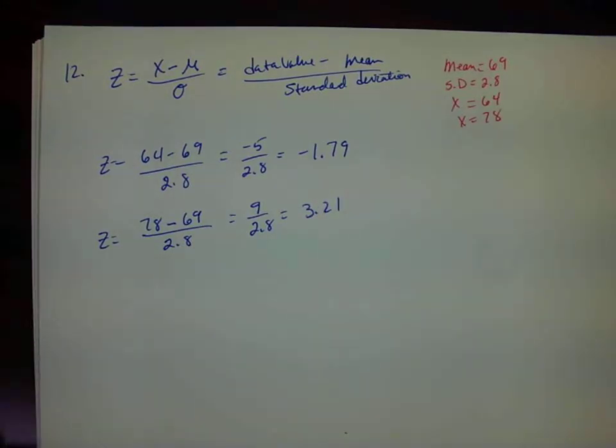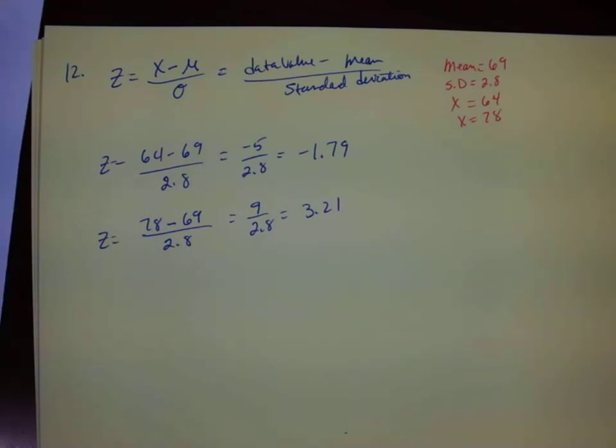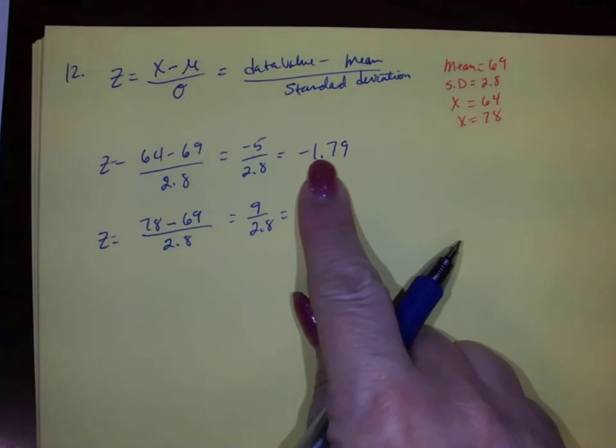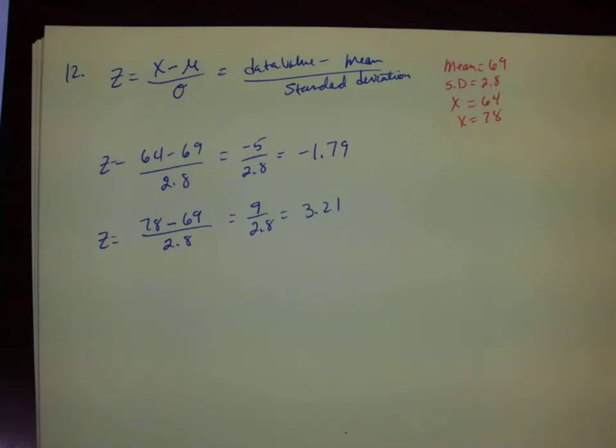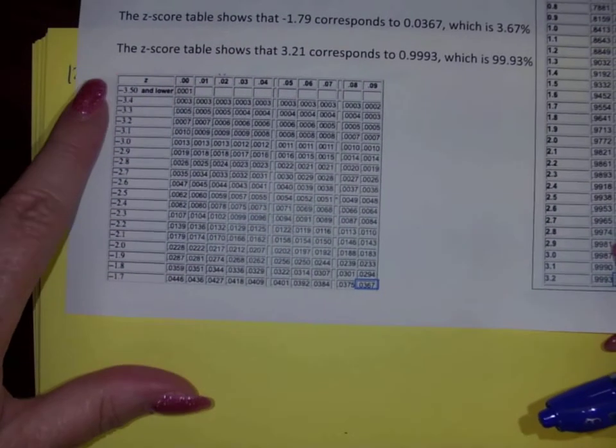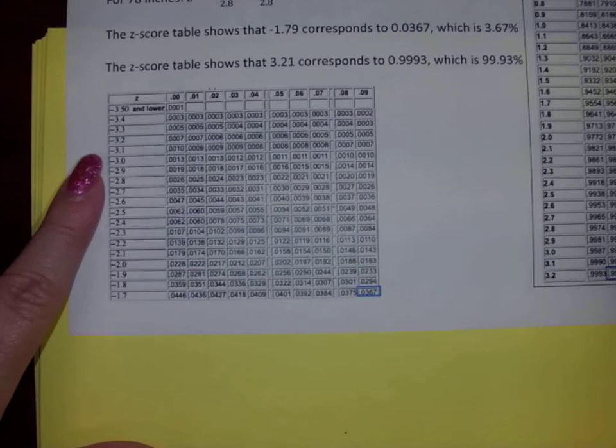Now, if you recall, we need to use the z-score table to find the percentage. So we're going to use the z-score for 1.79 to find our negative 1.7. I just have part of the z-score table on here.